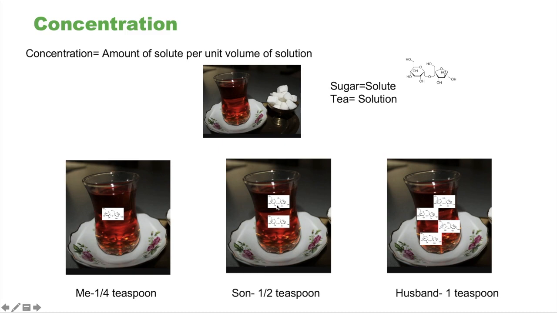So for a given amount of tea, we are each adding different amounts of sucrose into our tea. So the concentration of sucrose in each of these teas is different. On this end of the scale, we have a solution with a low concentration of sugar. Then this is the medium concentration. That's a high concentration.